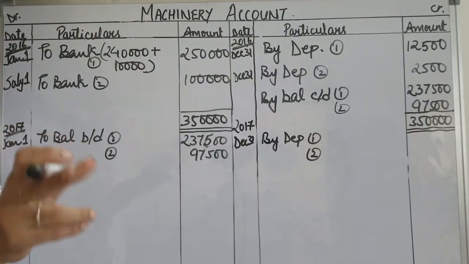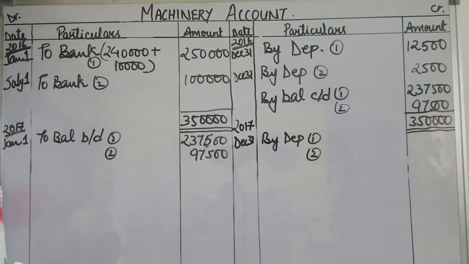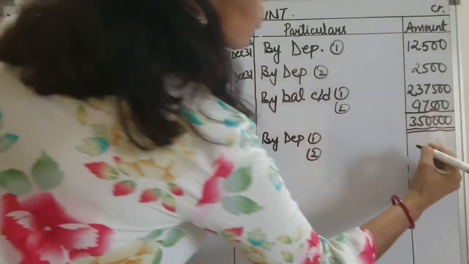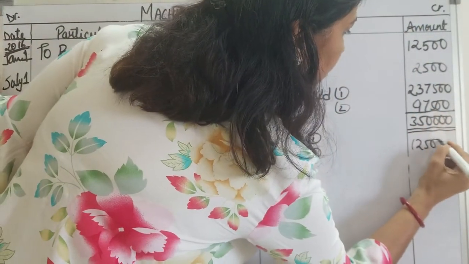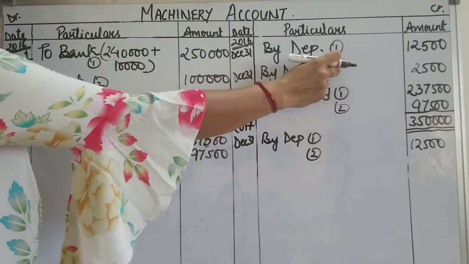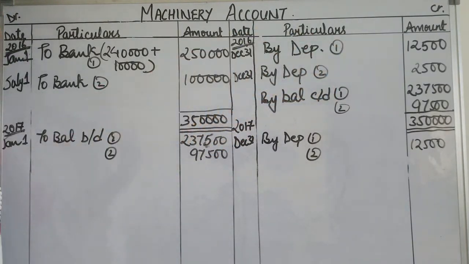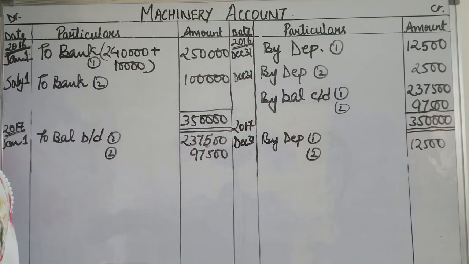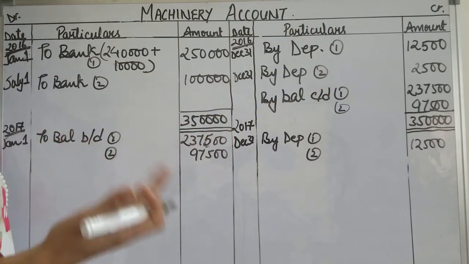So here, as we are following straight line method, the amount of depreciation will remain the same, right? So on machinery first, it will remain the same, 12,500. But for machinery 2, in 2016, we provided depreciation for half year only, but now we have to provide it for the full year.